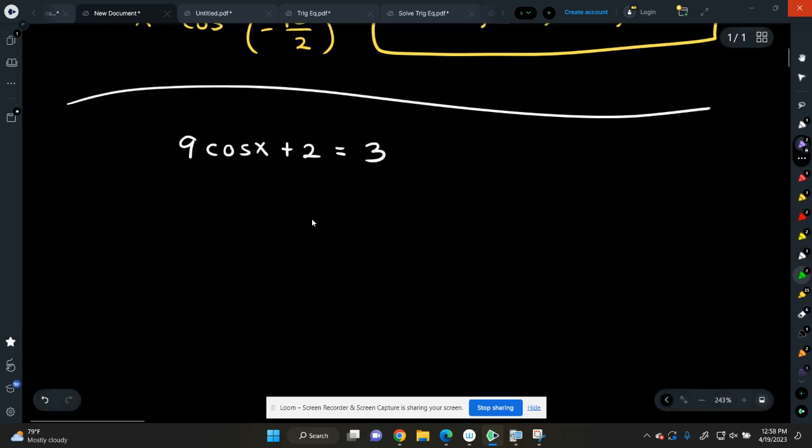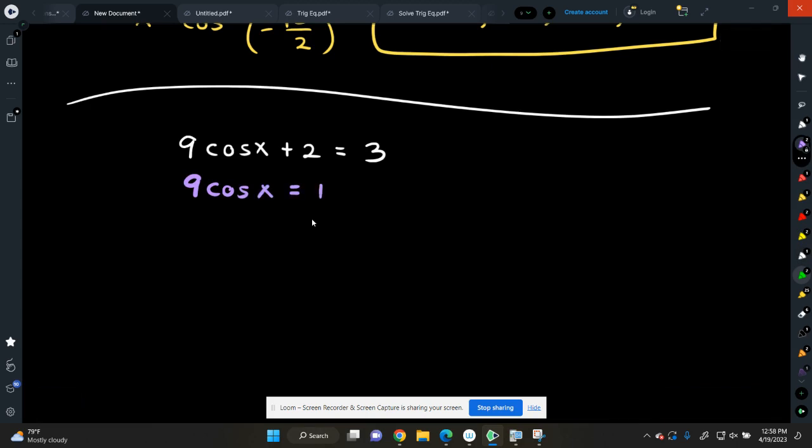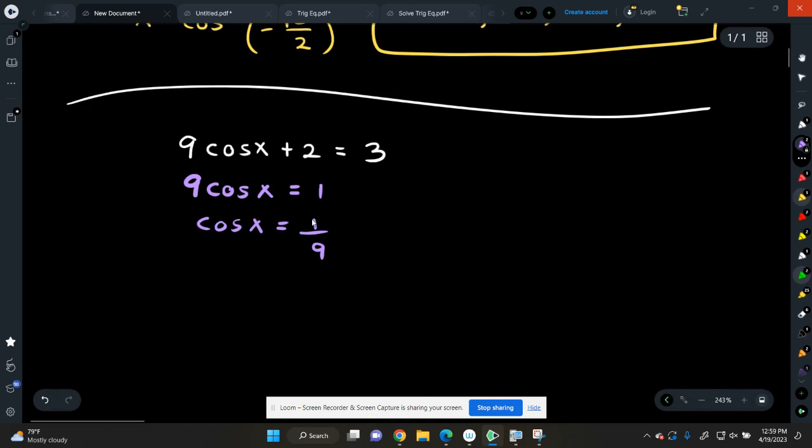Here we're going to start by subtracting 2. So we get 9 cosine x equals 1. That means cosine x equals 1 over 9. So we're looking at x equals the inverse cosine of 1 over 9.